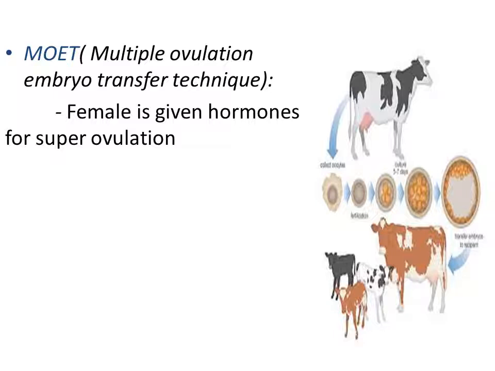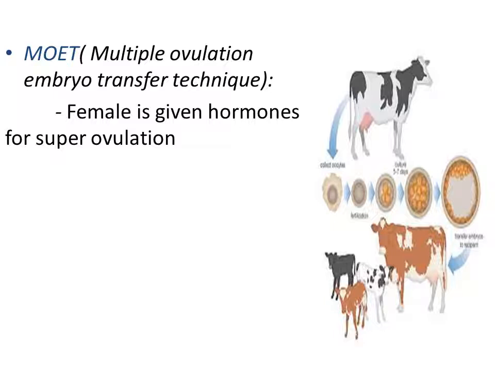Instead of forming one egg, the female cattle produces 6 to 8 eggs. That is called super ovulation. After the super ovulation, the next step is insemination. What is meant by insemination? Insemination is nothing but the introduction of semen into the female reproductive tract.